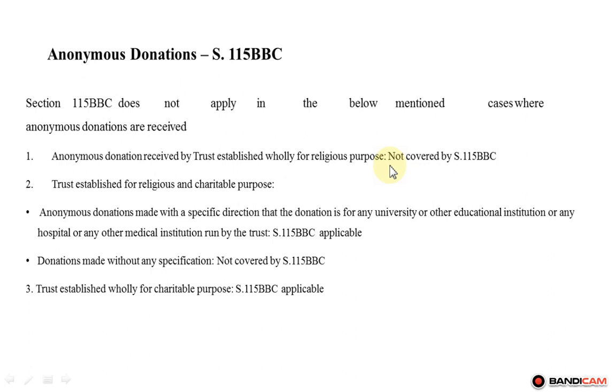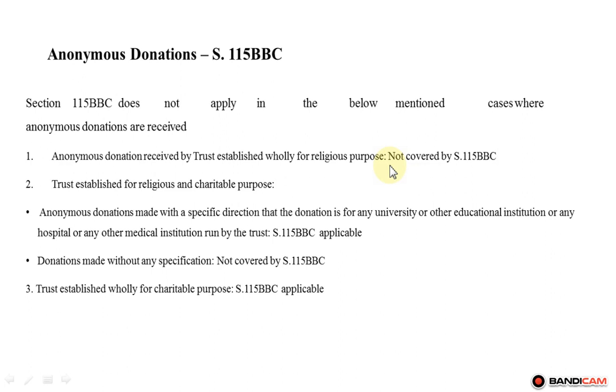A trust established wholly for charitable purpose: if the trust is established wholly for charitable purpose, then section 115BBC is applicable to the respective charitable organization. So we have studied here where the anonymous donation under section 115BBC is applicable and not applicable.